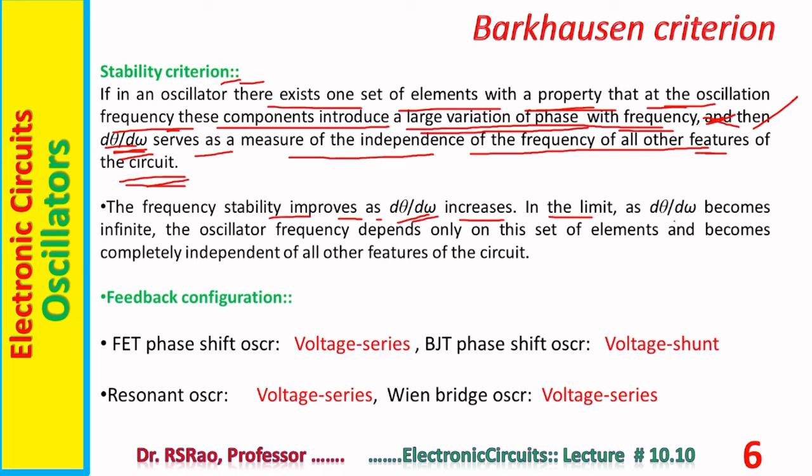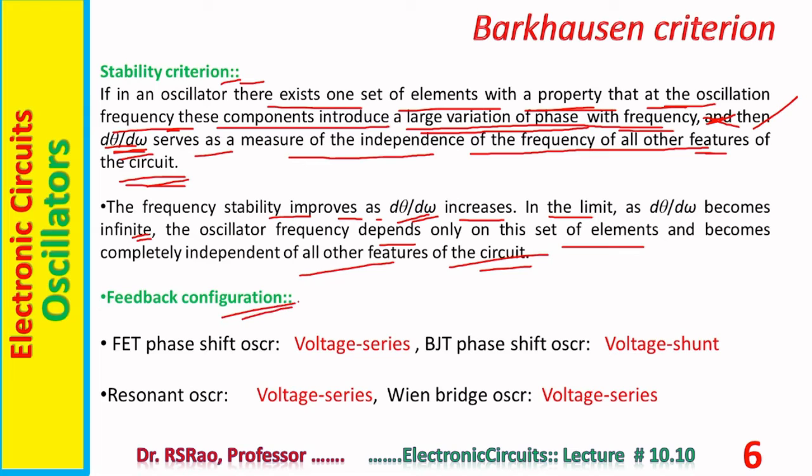In the limit where d theta by d omega becomes infinite, the oscillator frequency depends only on the set of elements and becomes completely independent of all other features of the circuit. Barkhausen criteria and stability criteria. These two are important aspects pertaining to the functioning of oscillators.